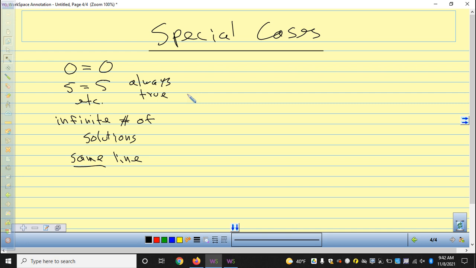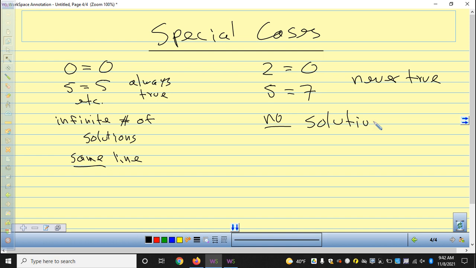Our other special case, sometimes we'll solve our system of equations and we'll get something like 2 equals 0 or 5 equals 7. How often is that true? This is never true. That tells us we get no solutions. So we solve one equation for one variable, plug it into the other equation. We do our combining like terms, etc., and we get 5 equals 7, or 2 equals 0. That tells us we have no solutions.